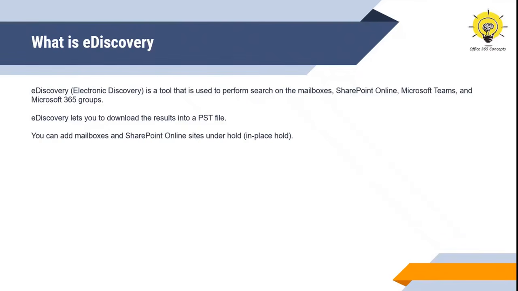Now let's understand the flow of using eDiscovery and the prerequisites that are required to be met before we use the eDiscovery tool. The first thing that we need to make sure is that we have appropriate licenses.